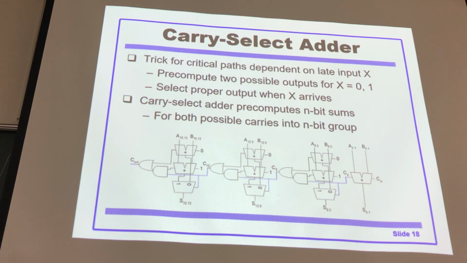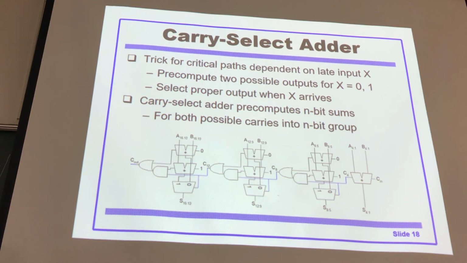What does that mean? For group 4 to 1, for the first group, you just directly have an adder here. However, starting from the second group, you have two adders here. There are two versions. One version assuming that carry in is 0. The other version assuming that carry in is 1.